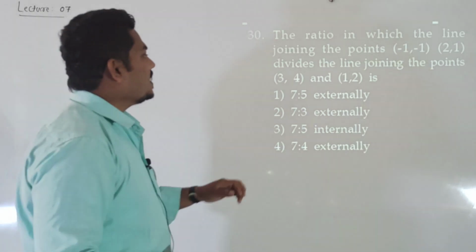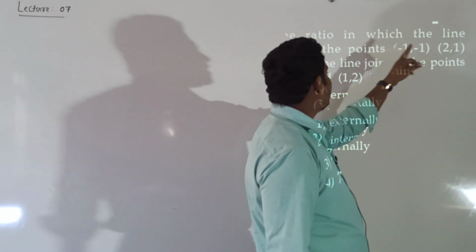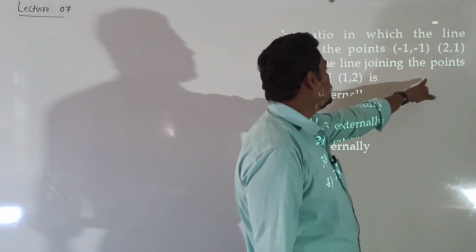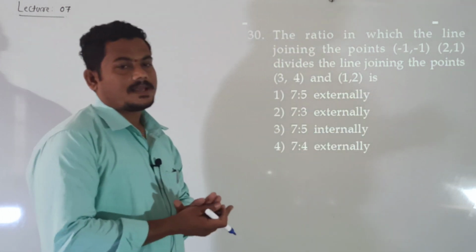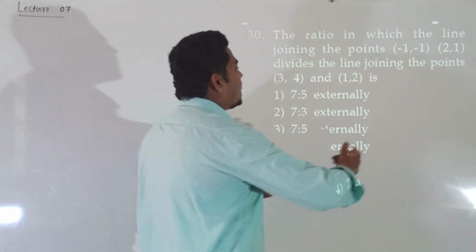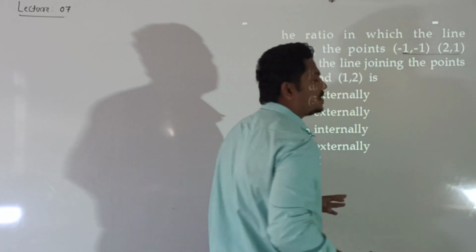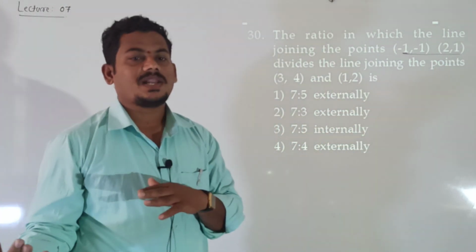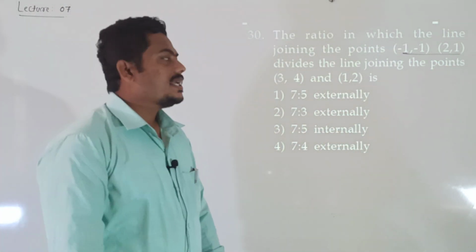The ratio in which the line joining these 2 points divides the line joining these 2 points. Just find the equation of the line joining these 2 points, then use the previous formula, minus L11 is to L22.